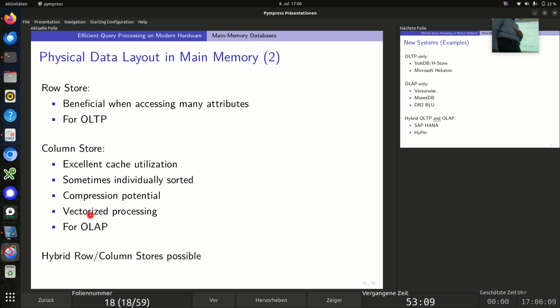What's also good is you can vectorize it: if you have a single column of values, you can use SIMD instructions for vectorized processing. And if it's the same kind of data, you can compress it easily. For example, you can do offset compression, or if all the values start with 1000, you can do prefix compression or something else. And for sure, they have excellent cache utilization.